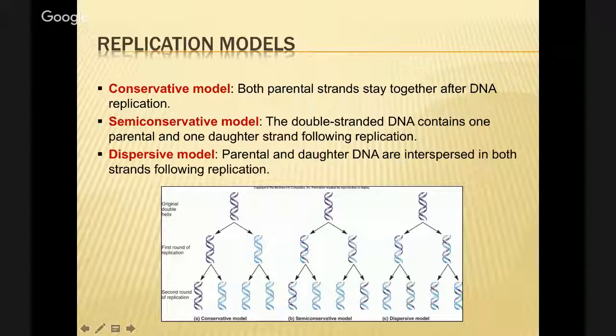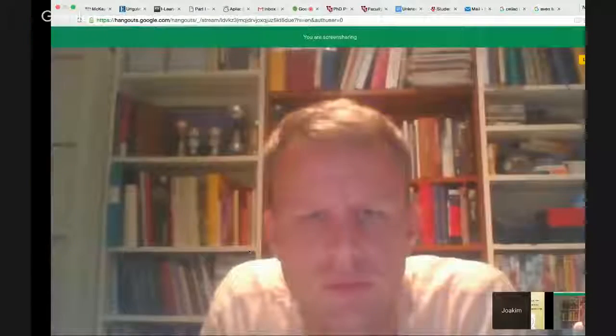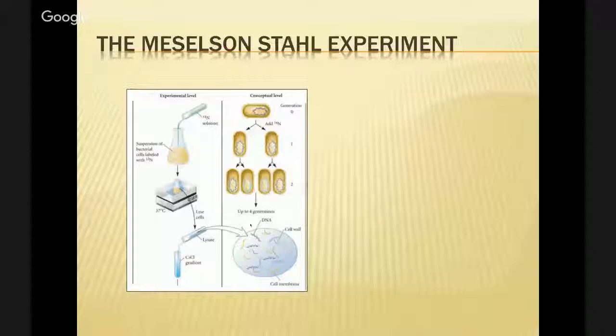Yeah. So when it replicates, according to the conservative model, it'll make 1 heavy right here and then 1 light. And the reason why it makes 1 light out of this 1 heavy is because this heavy stuff is in a solution of light. Oh, okay.